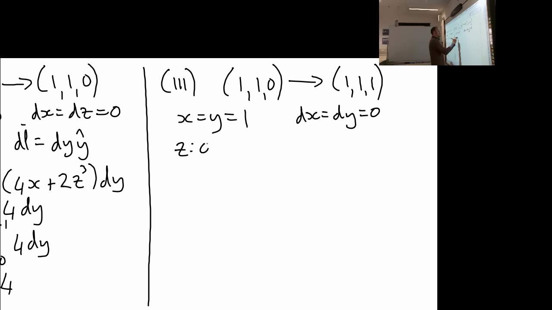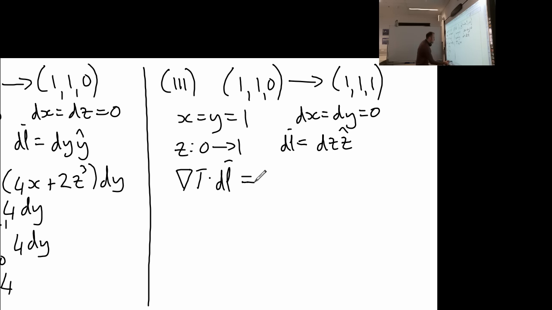Z now goes from 0 to 1, and our infinitesimal displacement vector dl is equal to dz z hat.